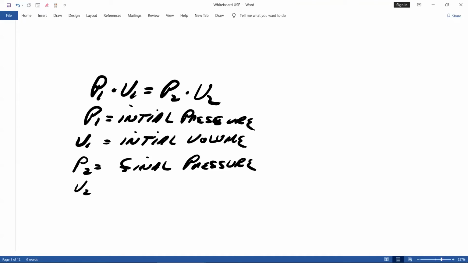And V2 is the final volume. And generally you're given P1, V1, and one of these two you're given, the other you're asked to calculate. And that's how you use Boyle's law.